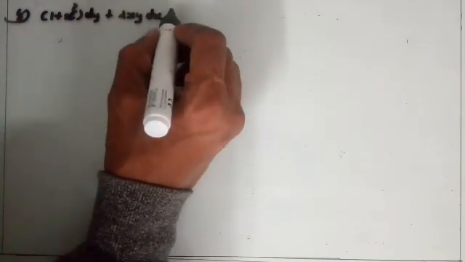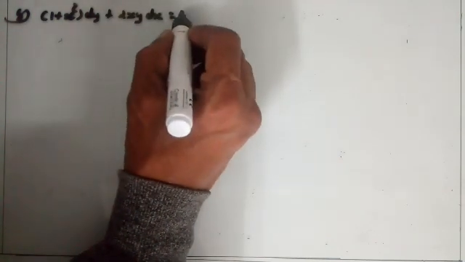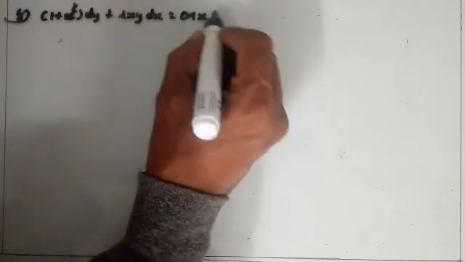Now question number 8. 1 plus x square dy plus 2xy dx is equal to cot x dx.